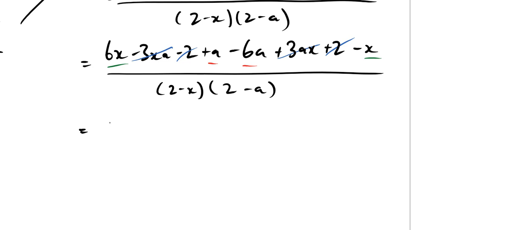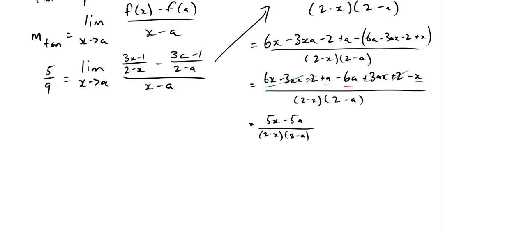6x minus x is 5x, and a minus 6a is minus 5a, all over 2 minus x, 2 minus a. Okay, and now I'm going to take this and put it back in. So that means 5 over 9 equals the limit as x approaches a.